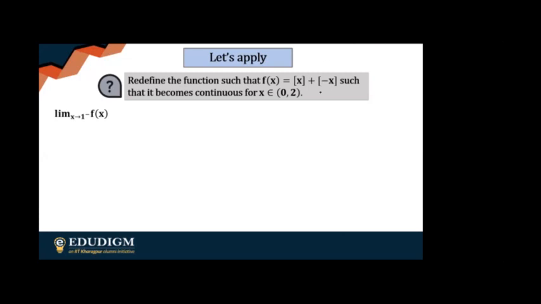If you look at this particular interval, the only point of consideration should be the integer, which is 1. And see the open interval, obviously 0 and 2 are not included.